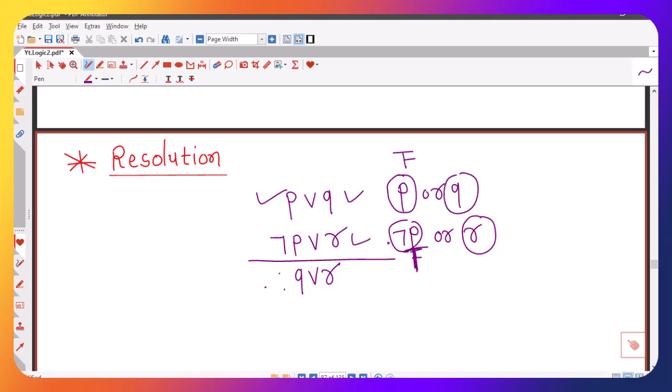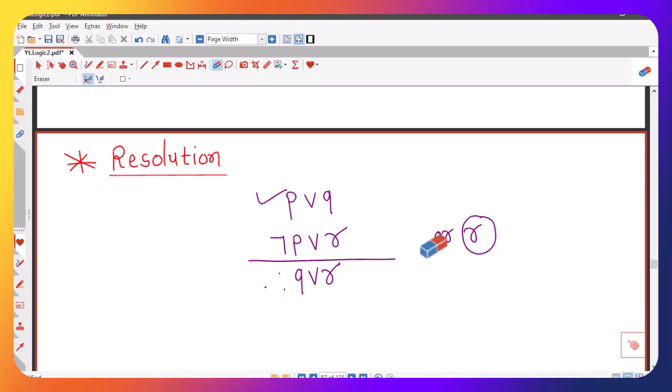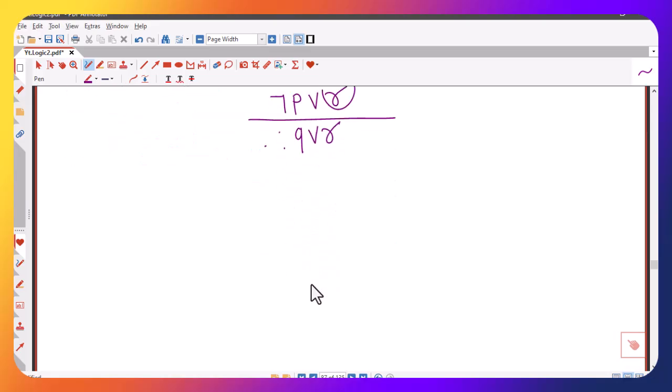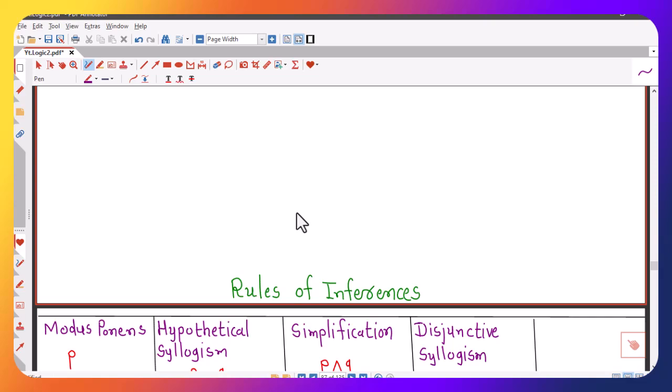So this sounds good. This is just to remember this rule of inference, that how we can remember this. So it means that here I have p and here I have negation p, therefore I must have q or r. So these are the rules of inferences which we are going to use to check the validity of given argument form or given argument.